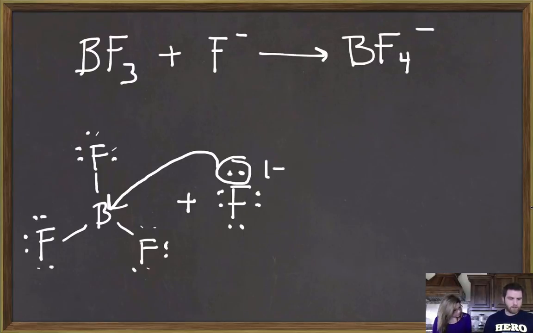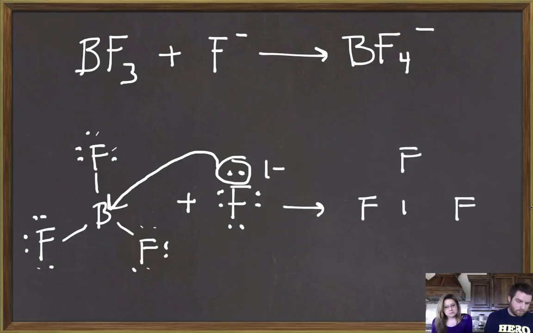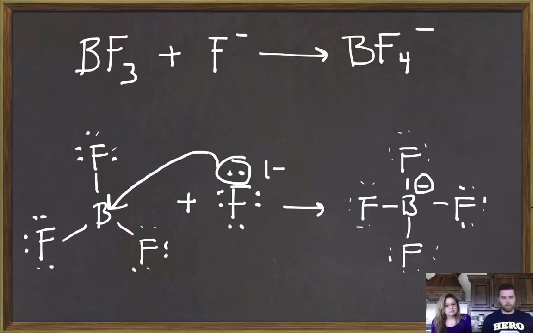So the result of that is you actually get a BF4 minus ion. I'll make my dots as quick as I can here. And the reason it's negative is because we have an extra electron here on the boron.